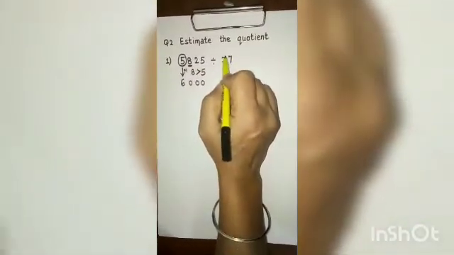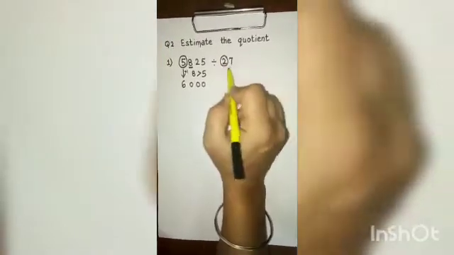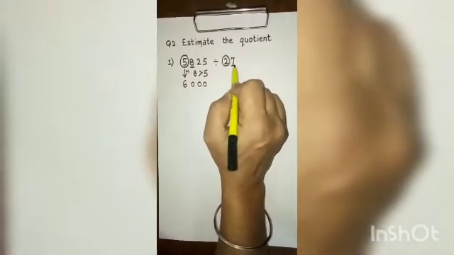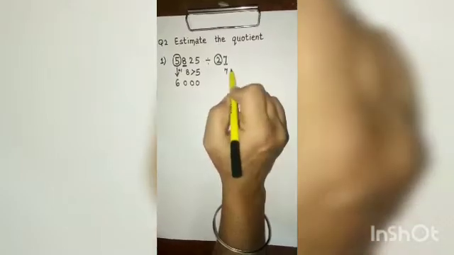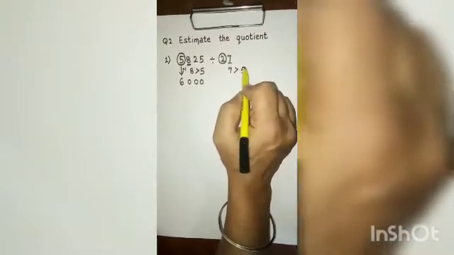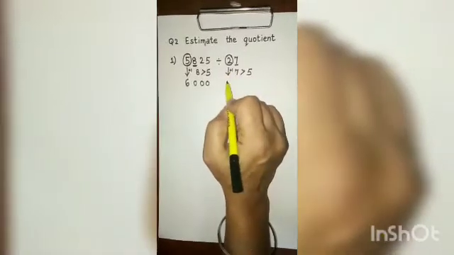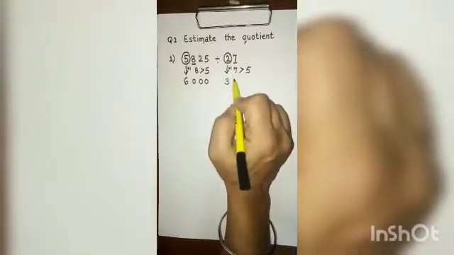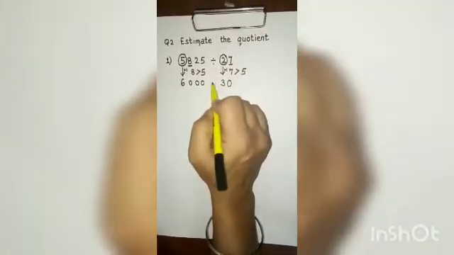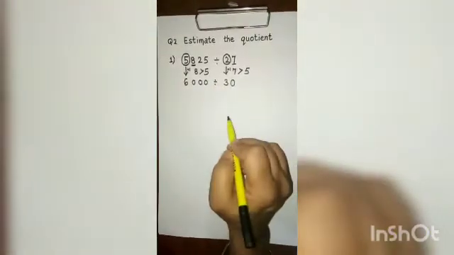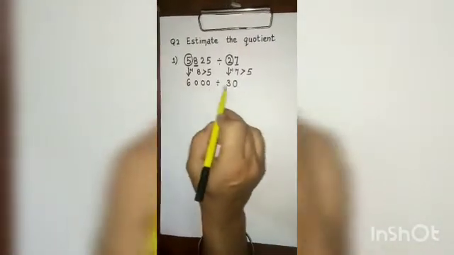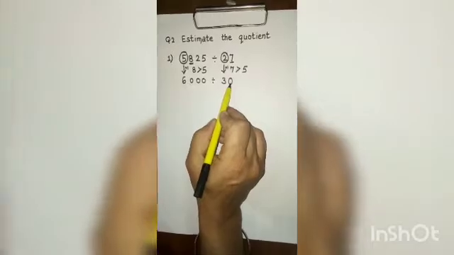And over here the first digit is 2 and the next digit to it is 7, and 7 is again bigger than 5. So you are going to add 1 to this and it becomes 3. The next digit to it is 0. So you are going to divide this. Now you have got 6000 divided by 30.